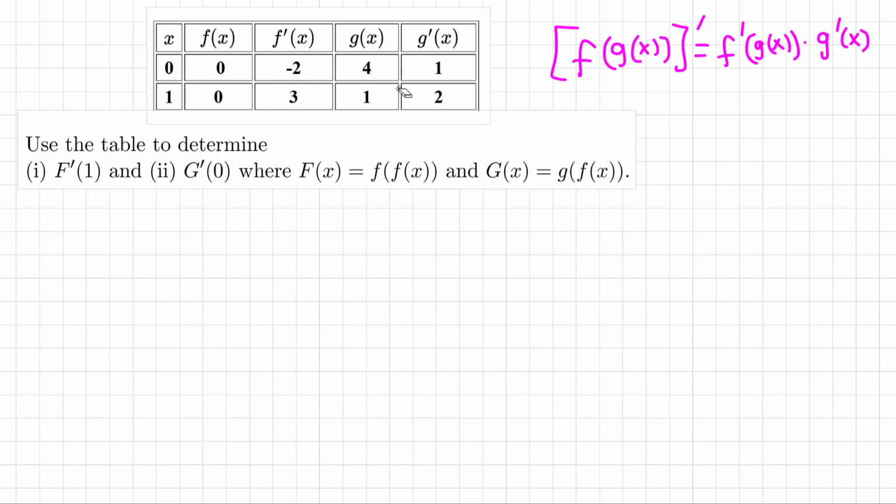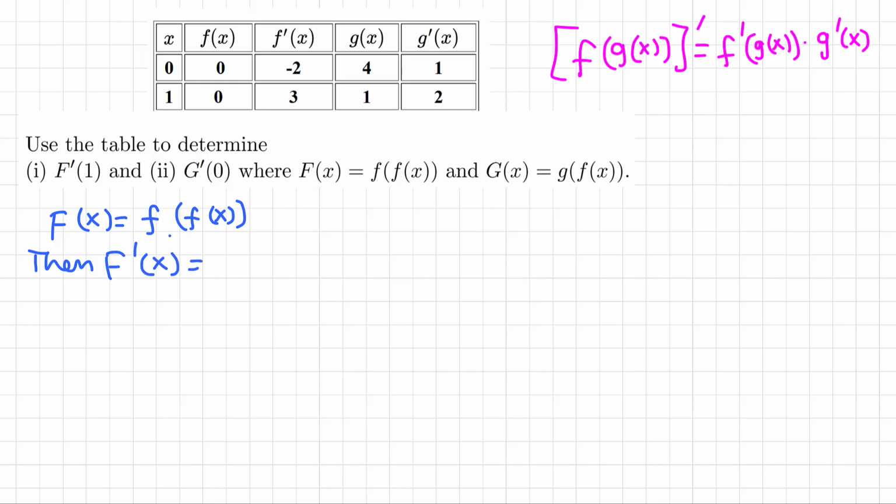Okay, so here we have F, given as f of f of x. That means its derivative is, it's a composition, so from the chain rule we find the derivative of the outer function, so f prime, leave the inside alone, times the derivative of the inside function, f prime of x.